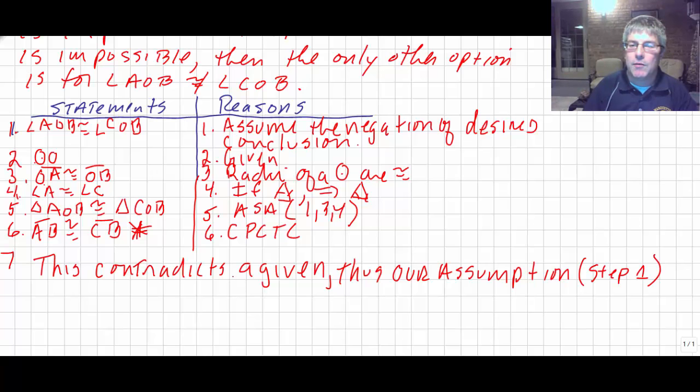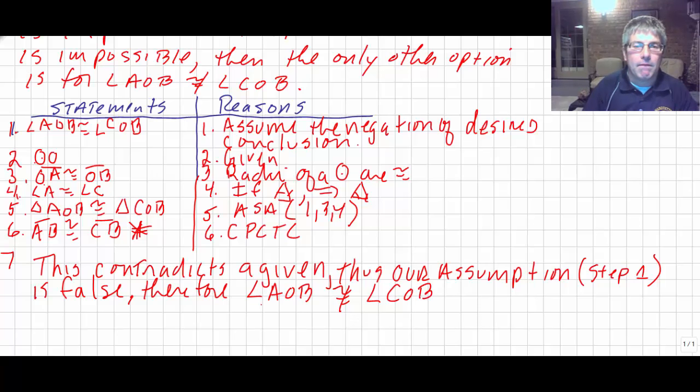Our assumption, step 1, is false. So we have proven that AOB is not congruent to COB. This is false, therefore, our only possible conclusion is that angle AOB is not congruent to angle COB. So we have indirectly proven this.